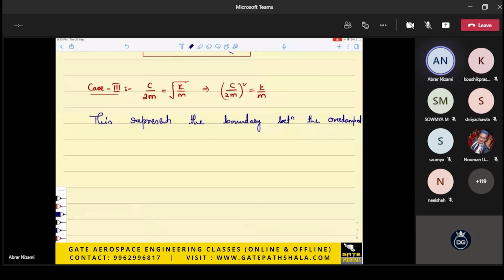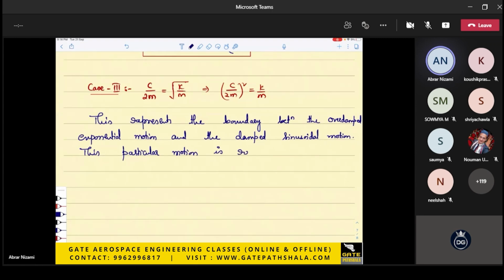This represents the boundary between overdamped exponential motion and the damped sinusoidal motion. Full stop. This particular motion is referred to as critically damped motion.